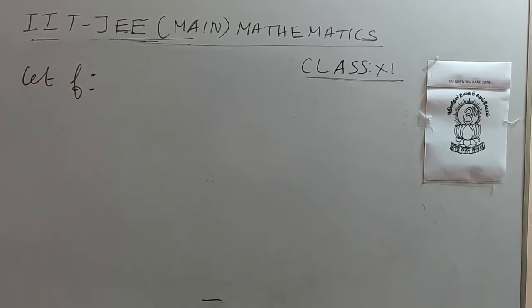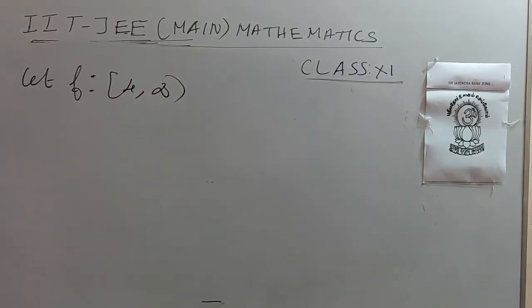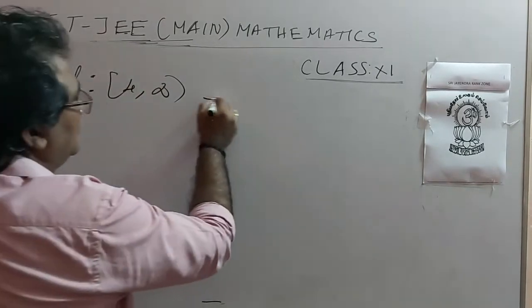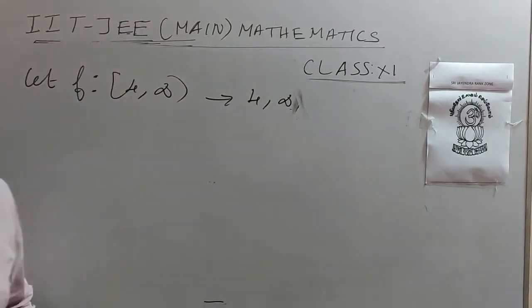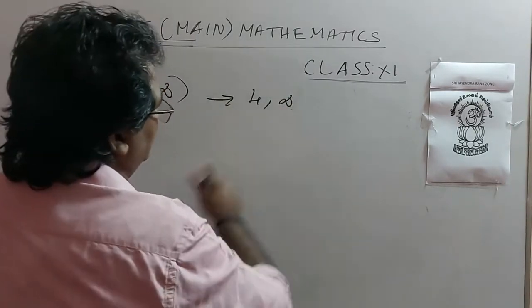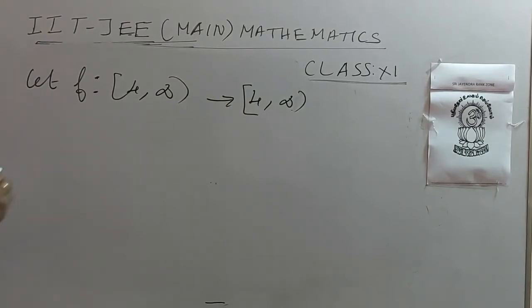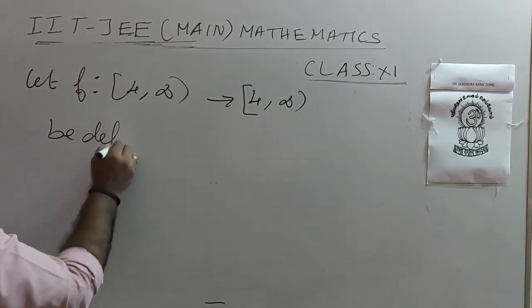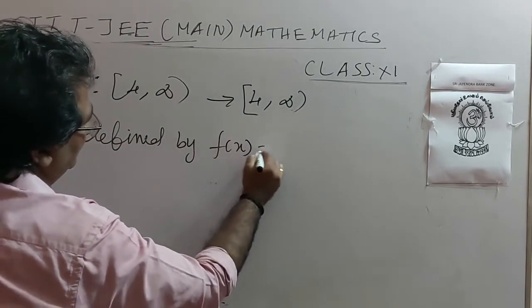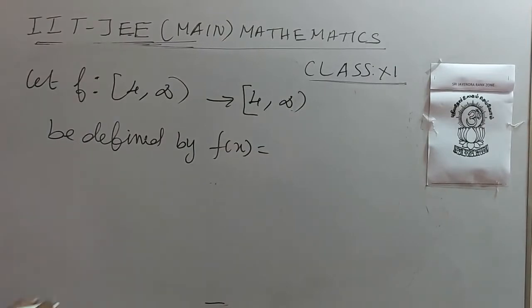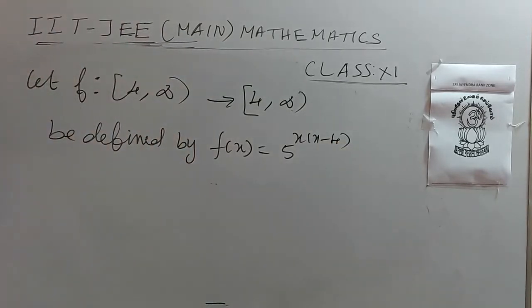Let f be a function from [4, infinity) to [4, infinity) defined by f of x equal to 5 power x into (x minus 4).